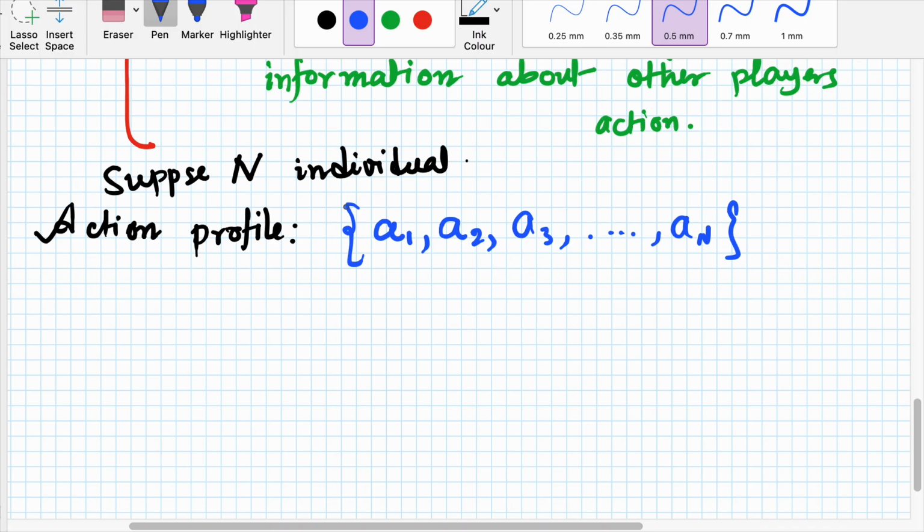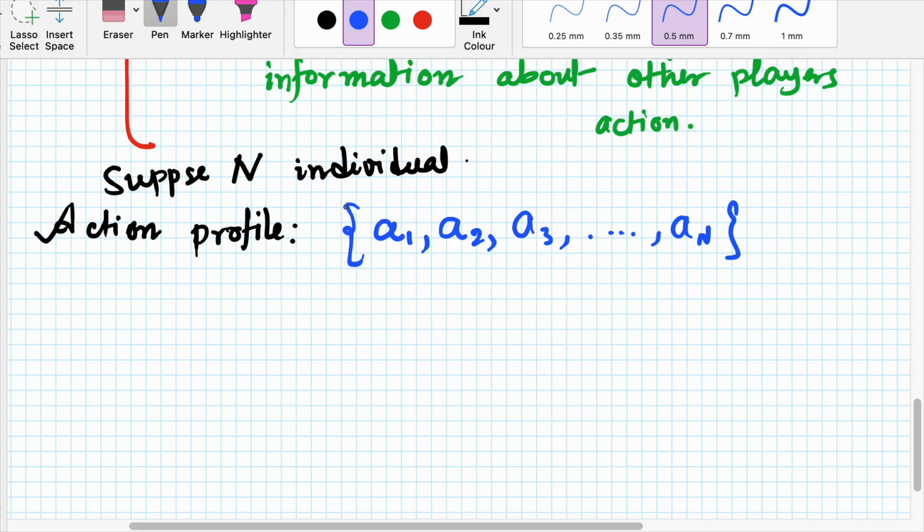So this action profile. Now we just change the question a little bit from the question that can one individual, without the information about other players' actions, maximize her payoff or utility.